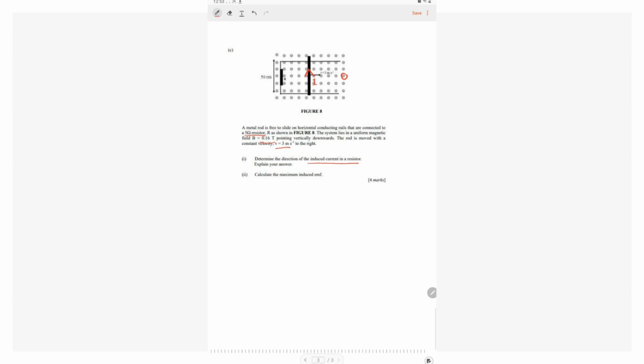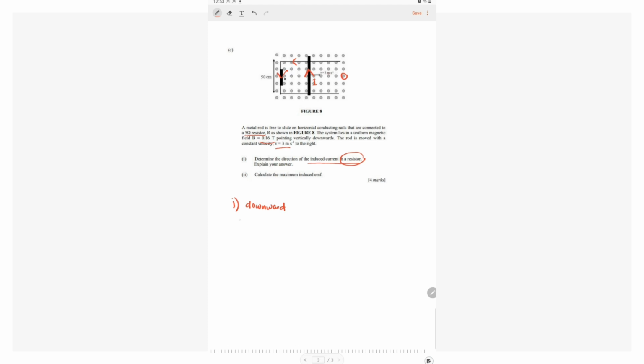Tapi ini current melalui conductor, tapi soalan nak induce current in the resistor. So dekat sini dia flow kat sini, so pada resistor jawapan dia adalah downward.